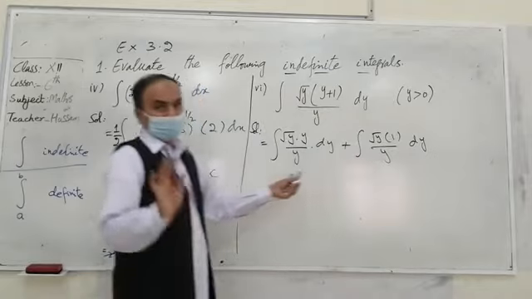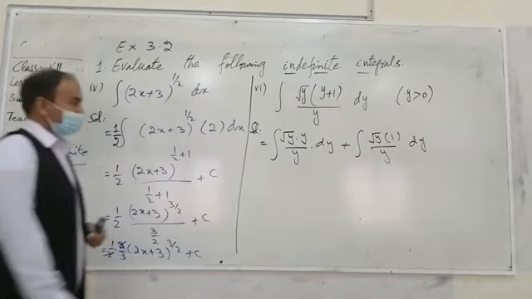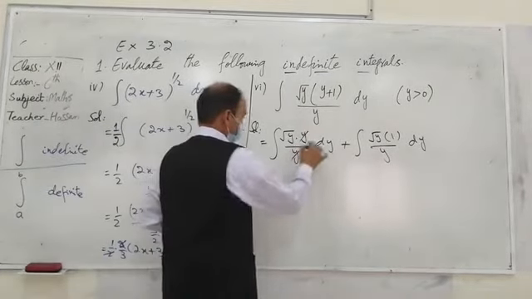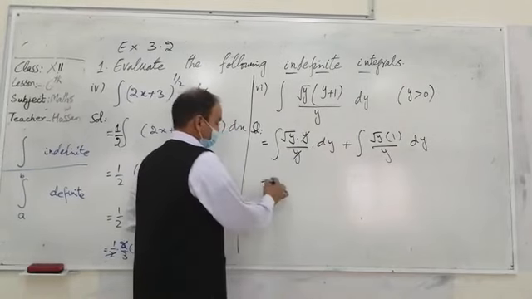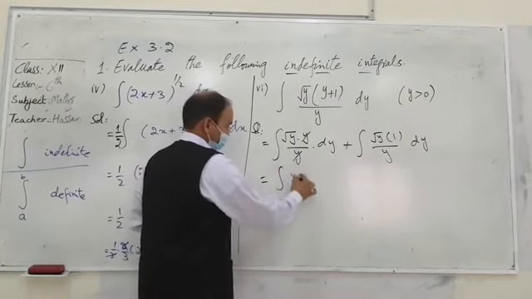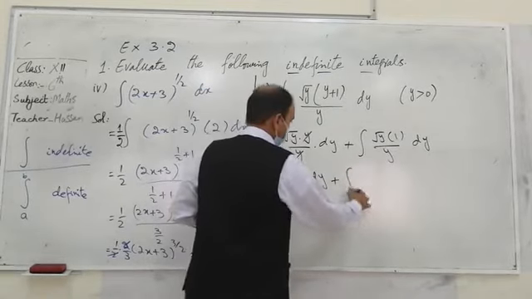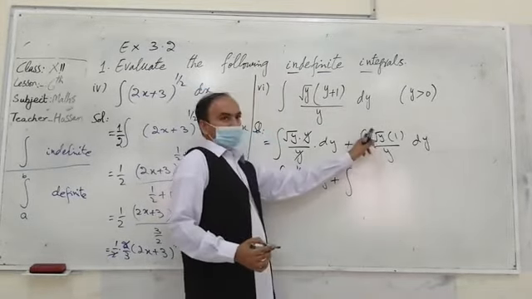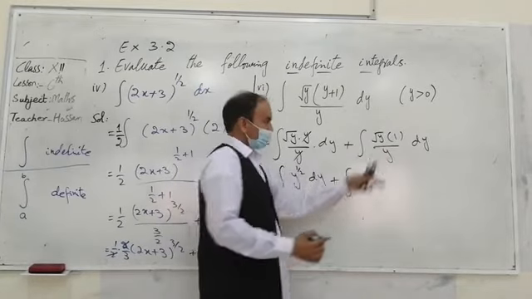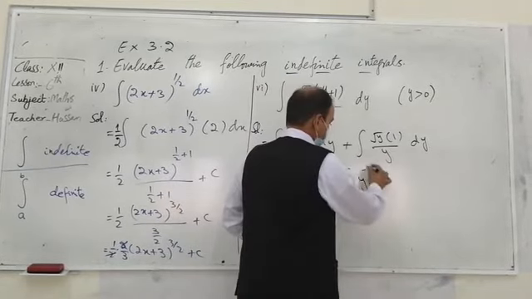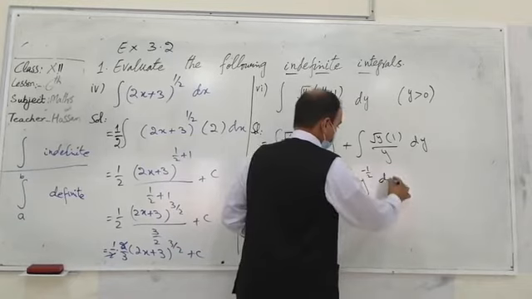Hope it is clear? Okay, see, very simple here, y and y will cancel, so you are left with root y, that is power 1 by 2, dy, plus. In this case, here is power 1 by 2, here is power 1, so subtracting, you will have power at the top minus 1 by 2 and dy.